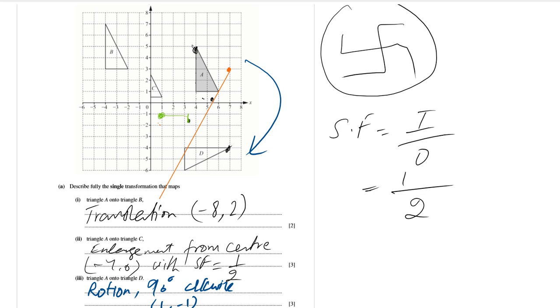Hopefully, it is correct. Let's draw the other extended line. Lines only give you confidence that you are doing fine. Otherwise, you don't need lines for enlargement.